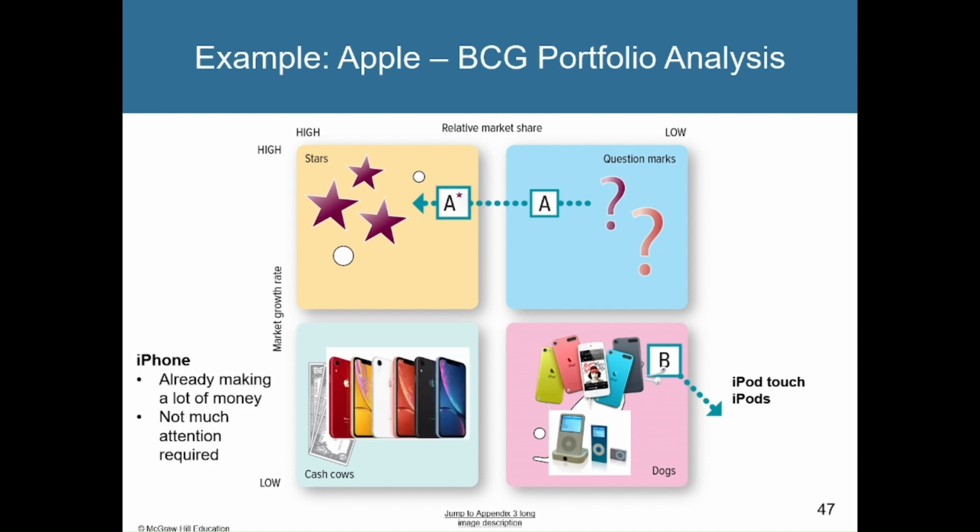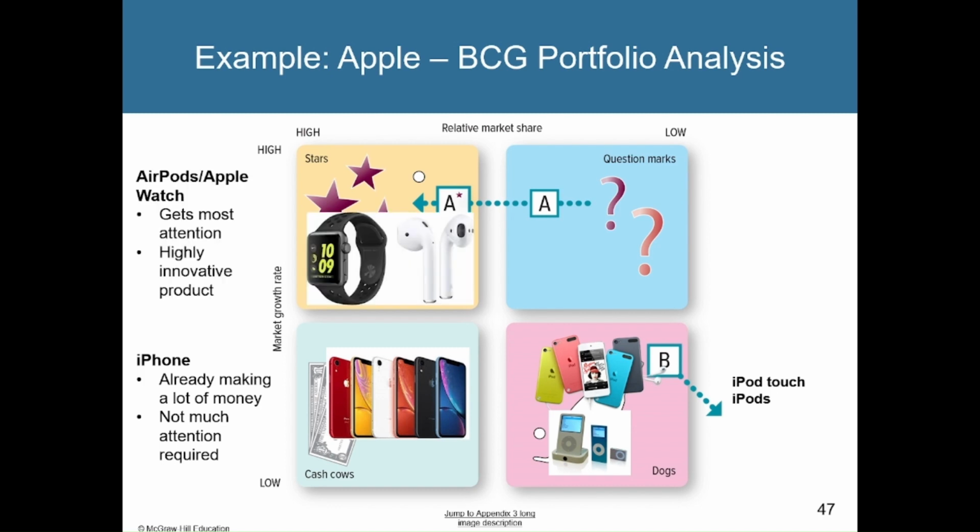The iPhone right now is a cash cow for Apple. It has already made a lot of money and does not require much attention. Apple Watch and AirPods are Apple's emerging stars. They are dominant in the growing wearable market, and the market is primed for even more sales in the coming years.